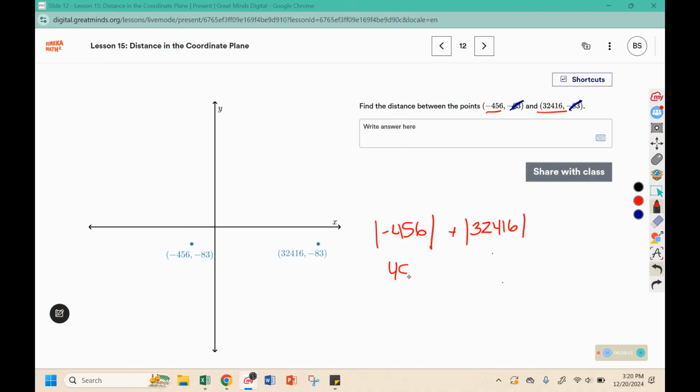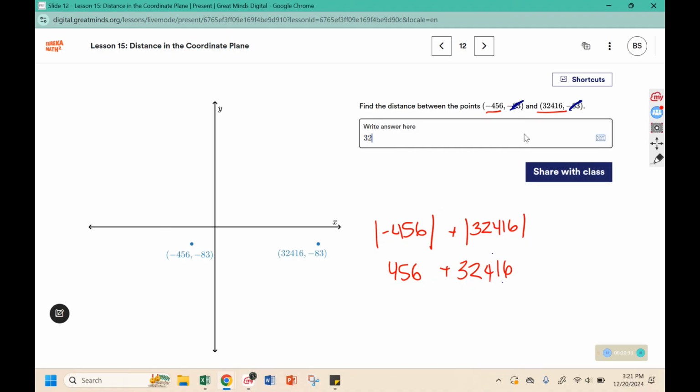So this would be 456 plus 32,416. When we add those together, 456 plus 32,416 comes out to 32,872.